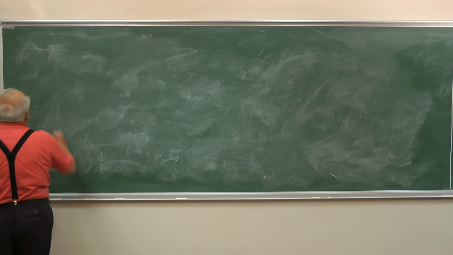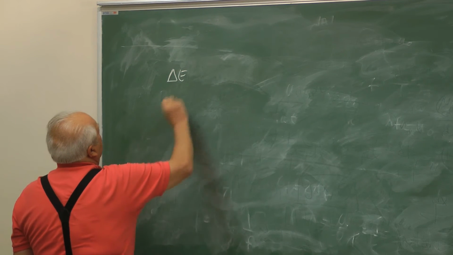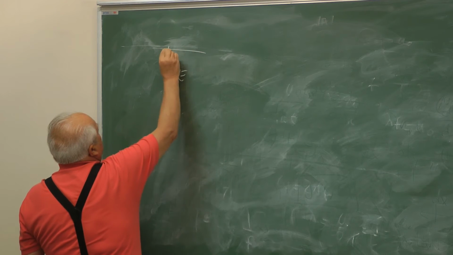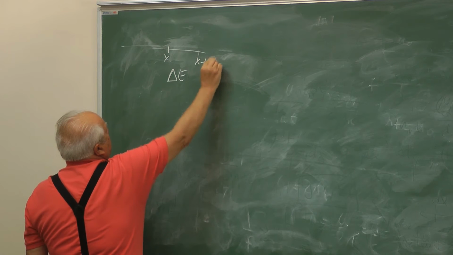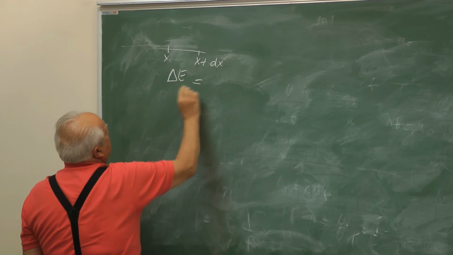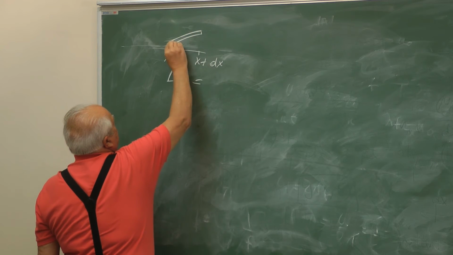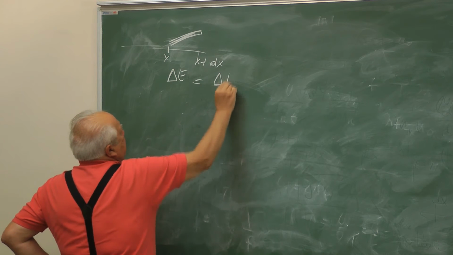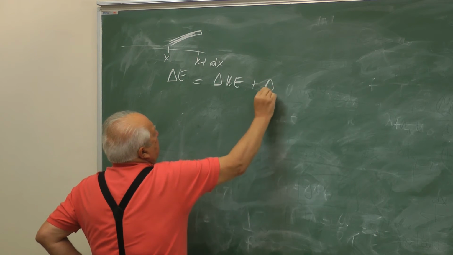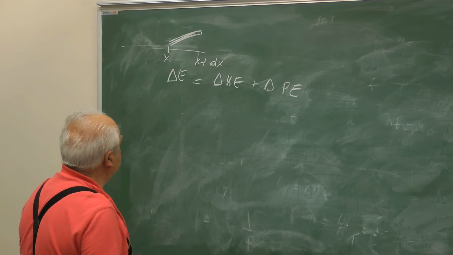So I am considering a piece of string between x and x plus dx, and I'm considering the energy of this piece of string. So it has a bit of kinetic energy plus delta potential energy. So we shall consider now what they are.